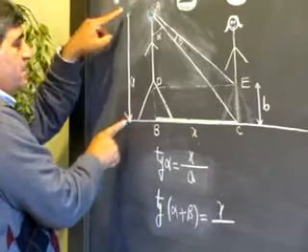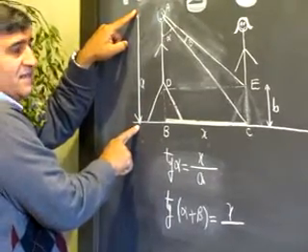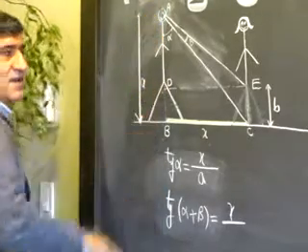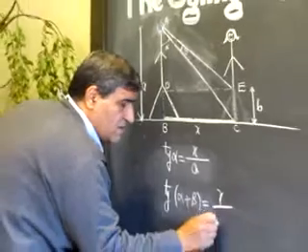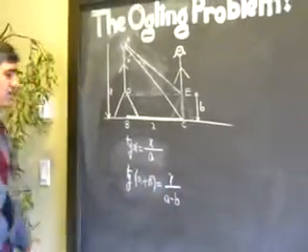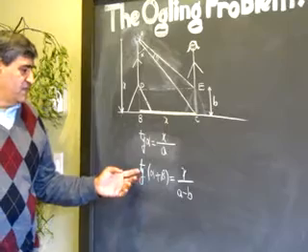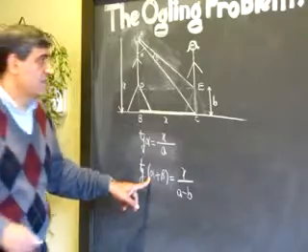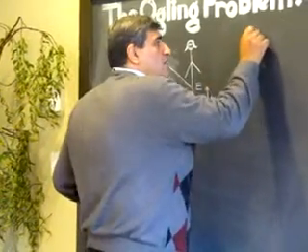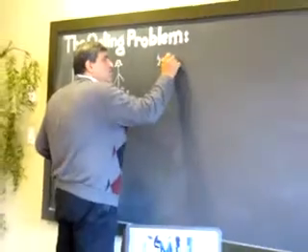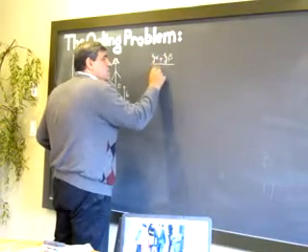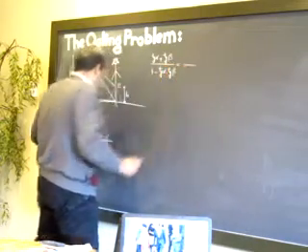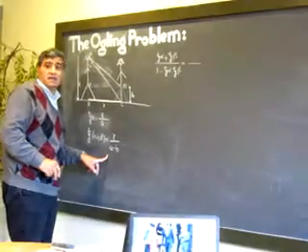AD is the difference between A and B. So instead of AD, I can write A minus B. And now, let me extend this tangent. Tangent alpha plus beta, if we extend it, equals tangent alpha plus tangent beta over 1 minus tangent alpha times tangent beta, equals x over A minus B.